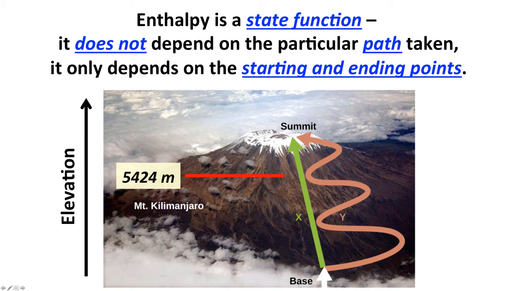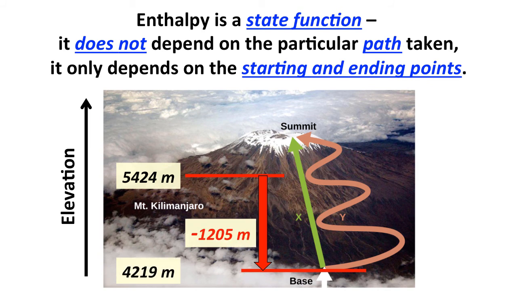And some of your group has such bad altitude sickness they can't go on anymore, and they go back down to base camp, which is at 4,219 meters. So their altitude decreased by 1,205 meters for that return to base camp trip. So they have an elevation change of negative 1,205 meters.